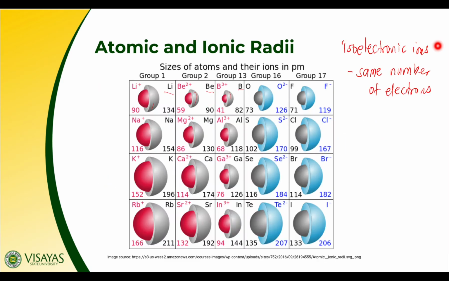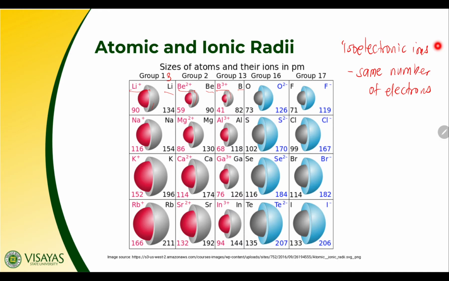the isoelectronic ions here, we have our lithium ion, beryllium ion, and boron ion. Why are these isoelectronic, by the way? For lithium, its atomic number is 3.